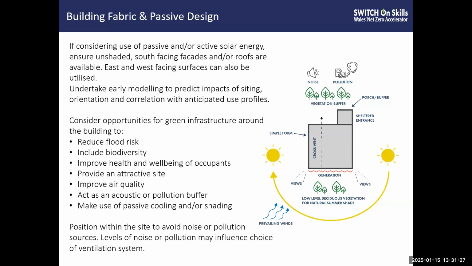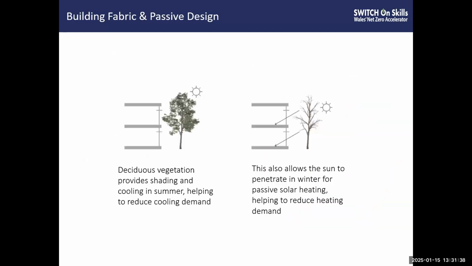And we can also put vegetation on another aspect of the building to minimize the effects of noise or pollution, for example. So here we can see the deciduous vegetation in the summer, providing natural shade and helping to cool the building, therefore reducing the requirement for things like aircon or fans, the cooling systems.